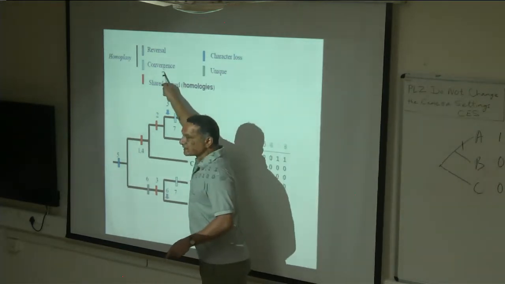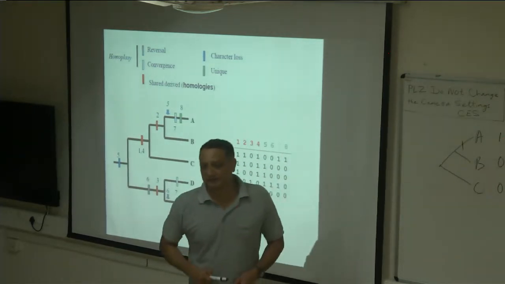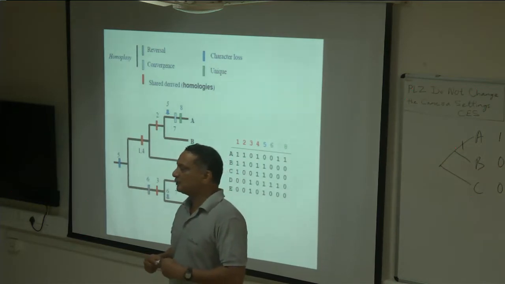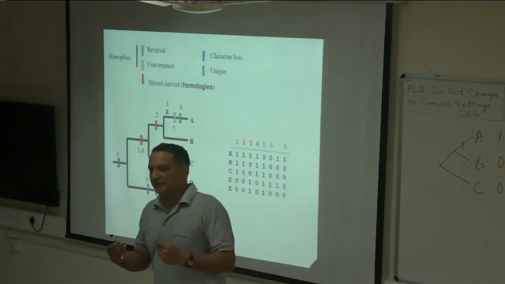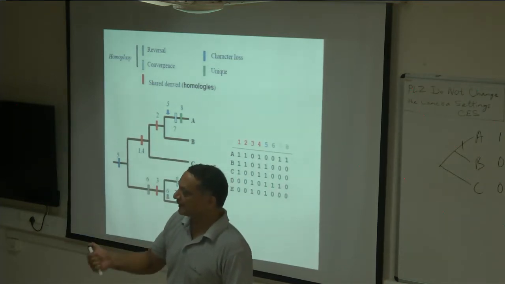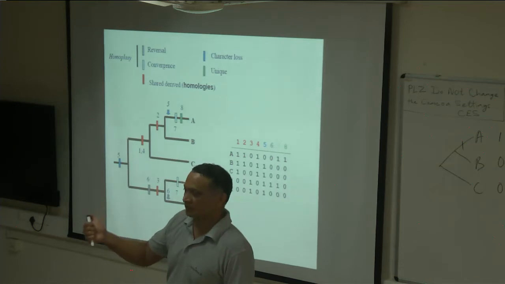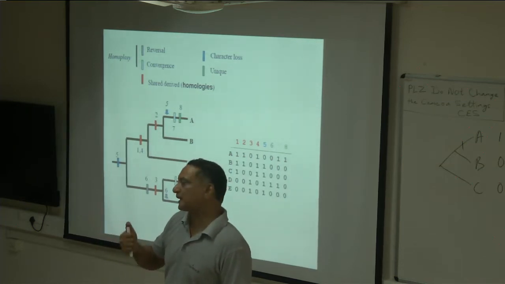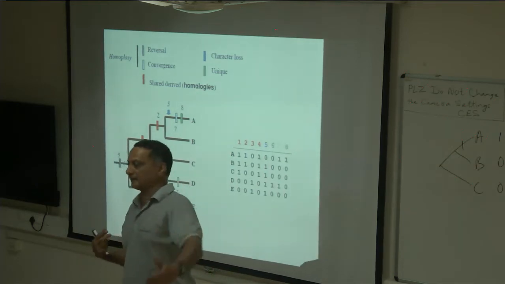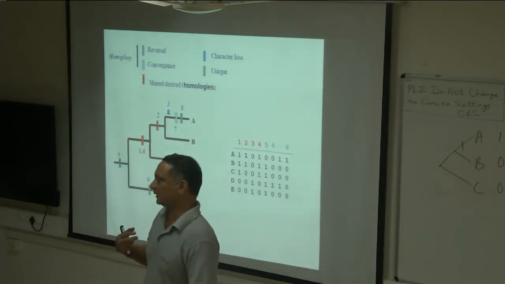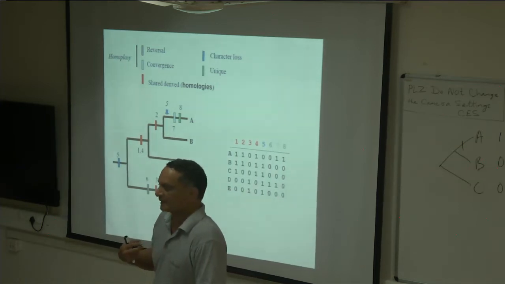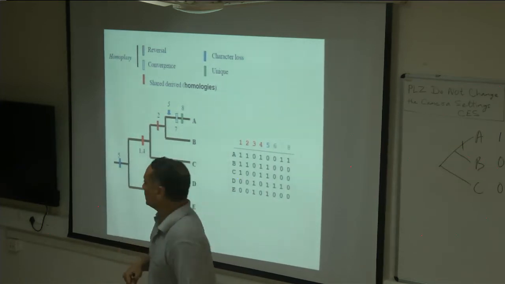Whereas these changes can actually support the wrong tree, right? So you want to use characters that have been inherited from an immediate common ancestor, not characters that have convergently evolved in unrelated individuals or species. Okay, does that make sense? Yeah.